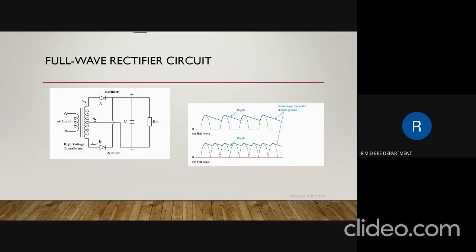Because of this polarity, diode B gets forward biased, and the power flows from the negative end of the transformer through diode B to the load RL and to the center point, the O point, of the secondary side of the transformer.